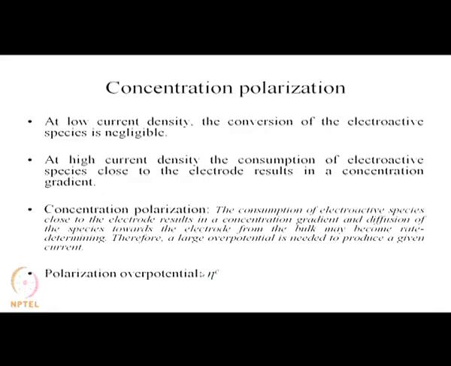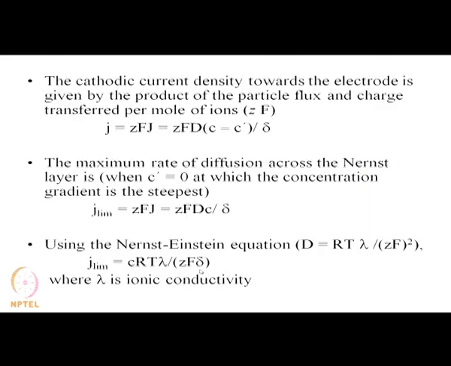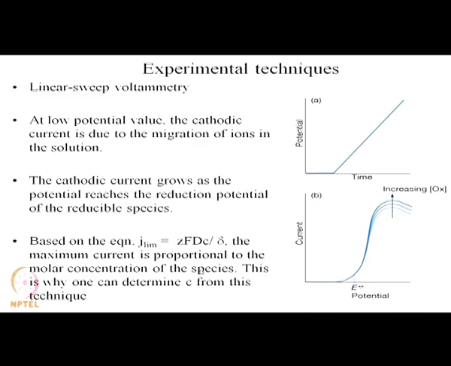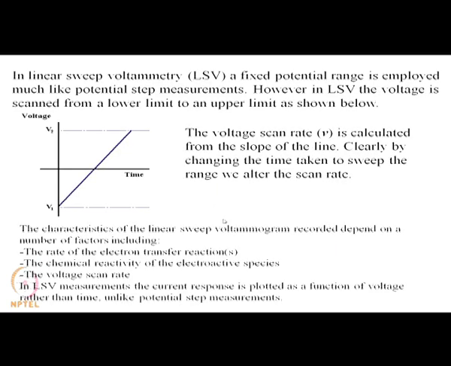Now this voltammetry has advantages: you can find out the concentration, the electrode potential, and you can get information about the reversibility of the process, whether the electron transfer is reversible or not, by changing your scan rate. The characteristic cathodic peak potential, anodic peak potential, and peak current are very characteristic of an electroactive substance.